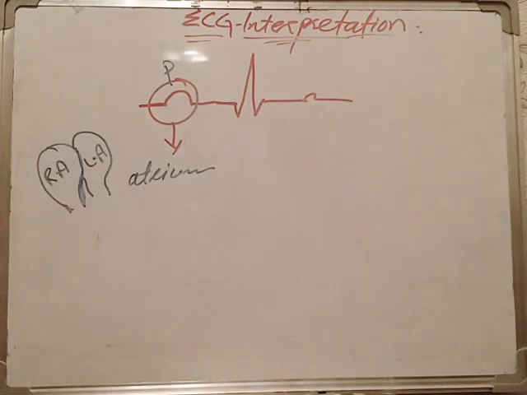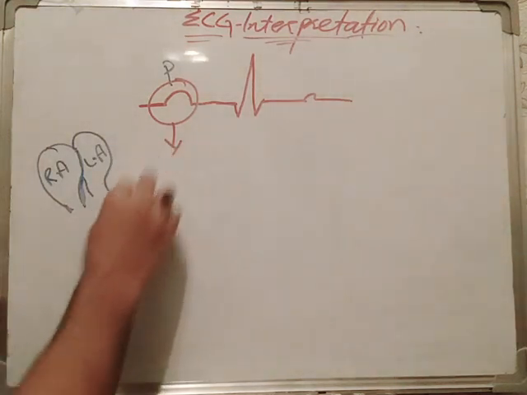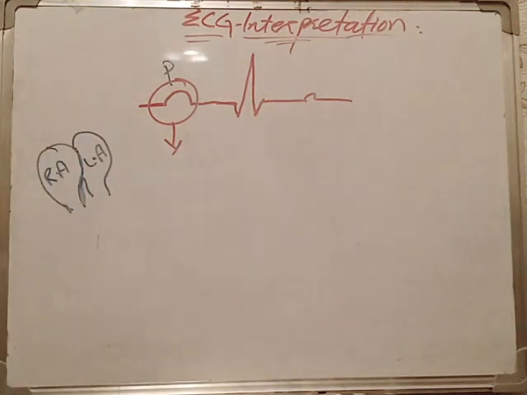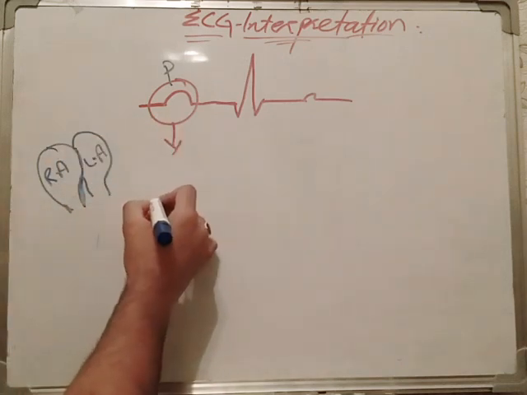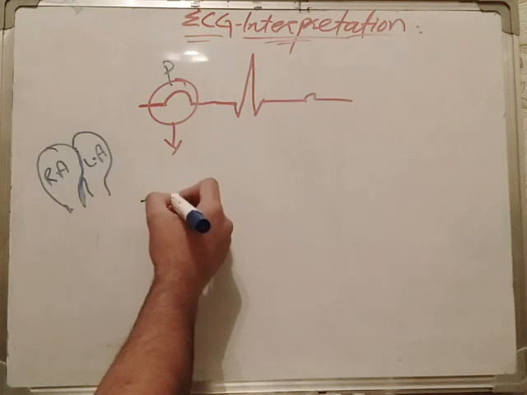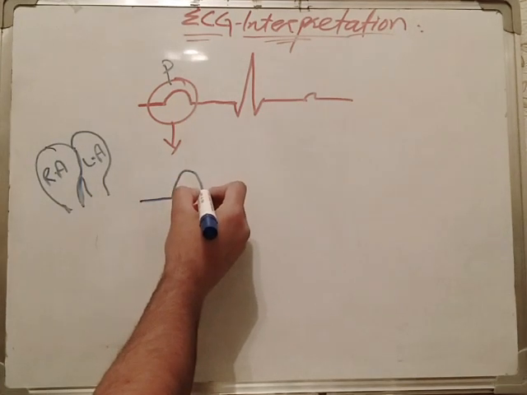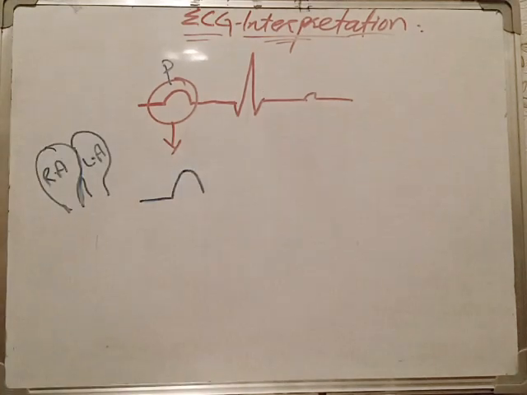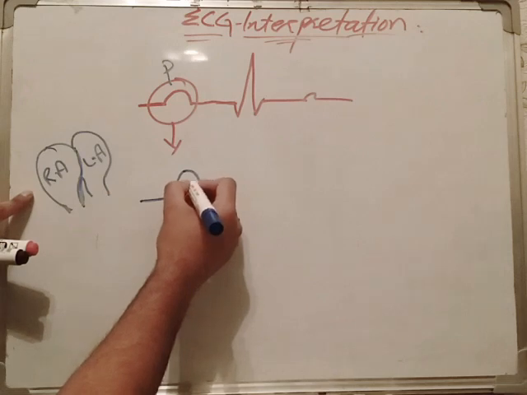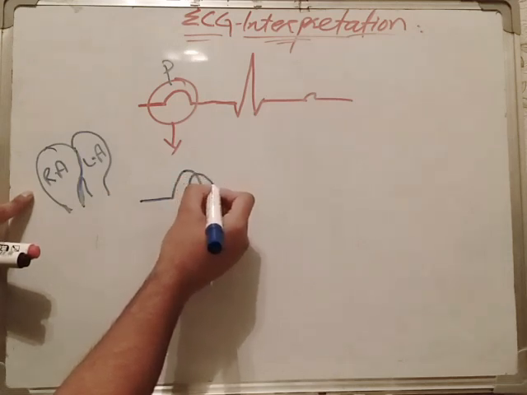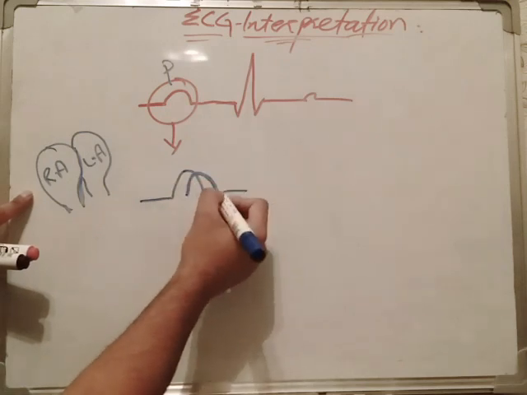If we divide this P wave according to the depolarization of each compartment, they will show different curves. For example, this will be the depolarization of the right atrium, and this will be the depolarization of the left atrium.